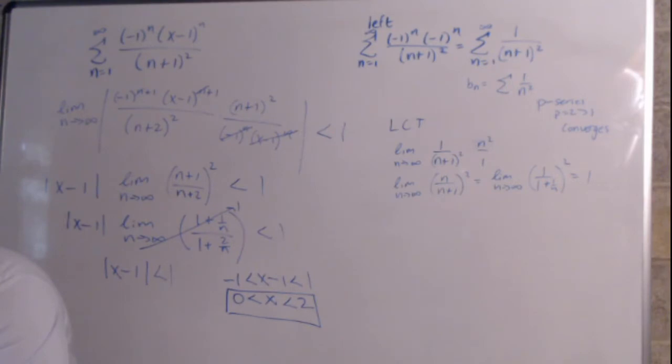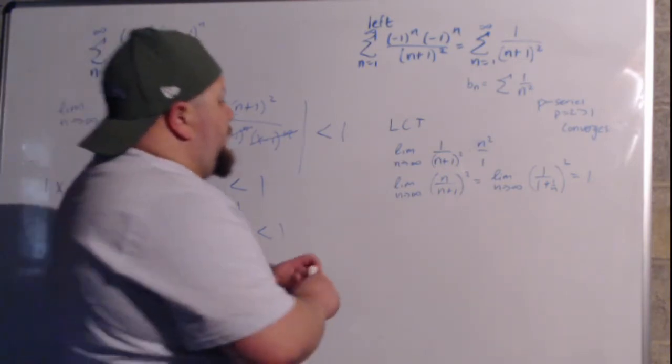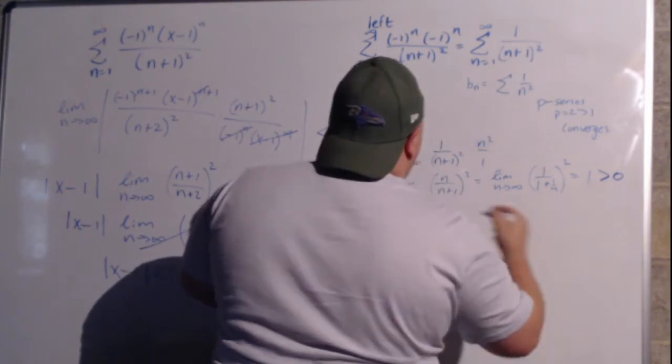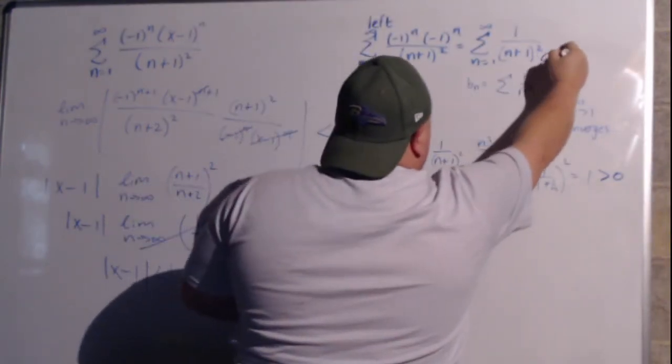I would say it would be paramount to create a little note card for this one. Limit comparison says as long as you get a constant that's real and greater than 0, they both do the same thing. That's a constant that's real and greater than 0, so this converges.